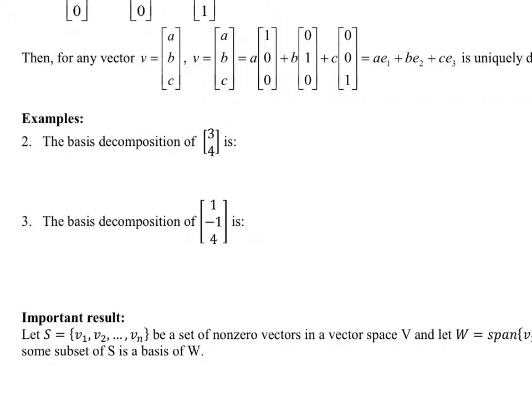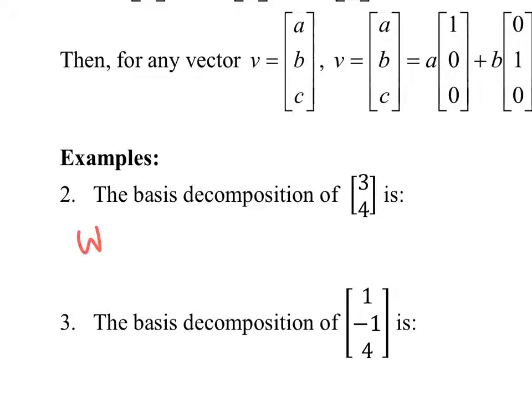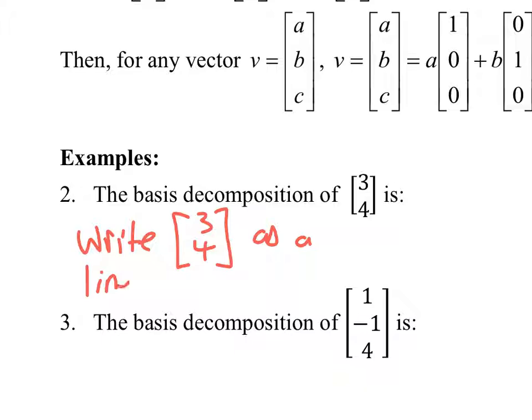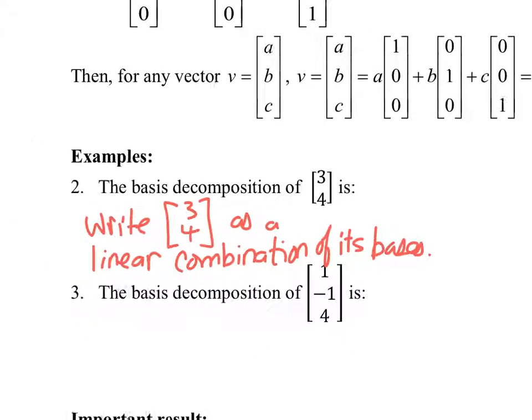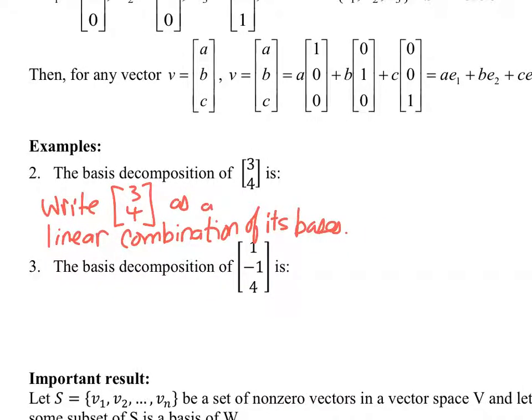All right, so I'm going to write 3, 4 as a linear combination of its bases. All right, so you got to think about what the bases are for a 2-dimensional system.